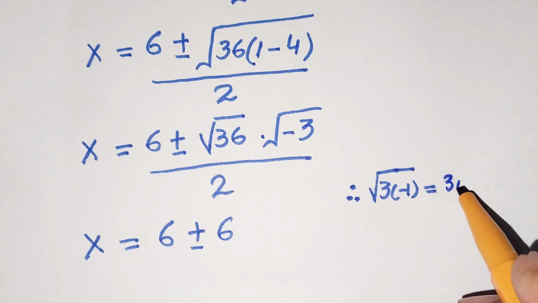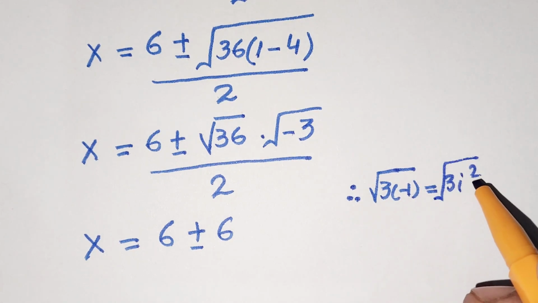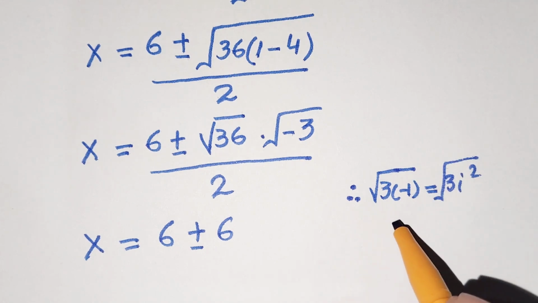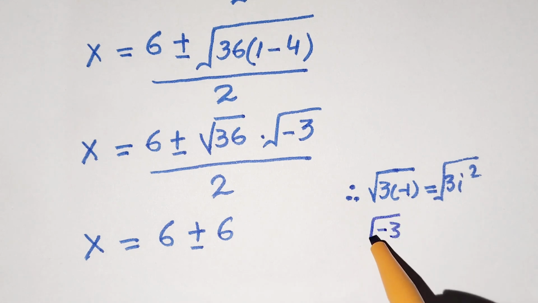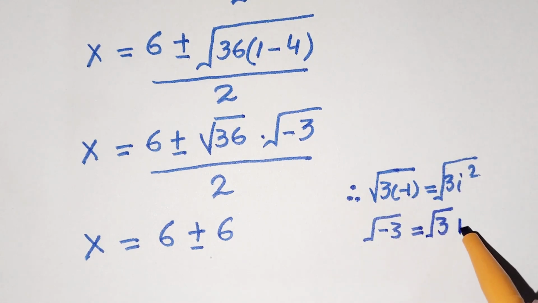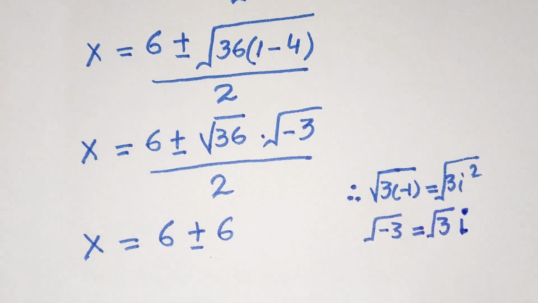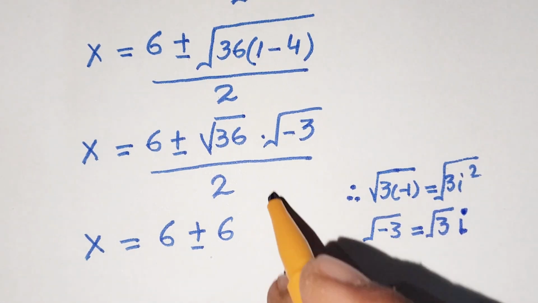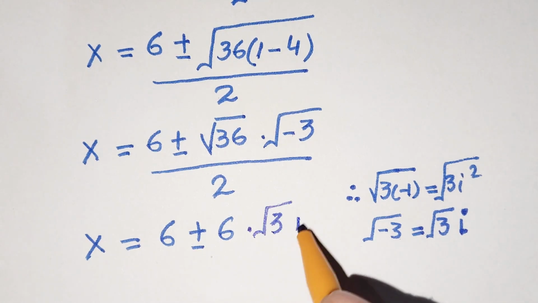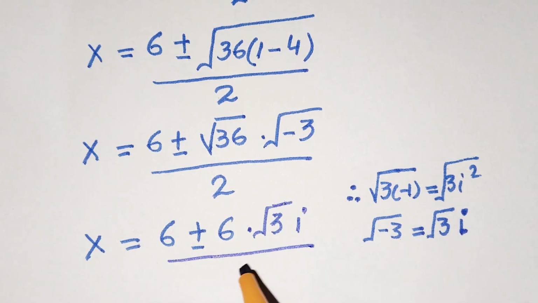So 3 iota square square root, and the square root of iota square is equal to i. So we can write that square root of minus 3 is equal to square root of 3 times i, and we know that i is iota. So here 6 plus minus square root of 3 i divided by 2.